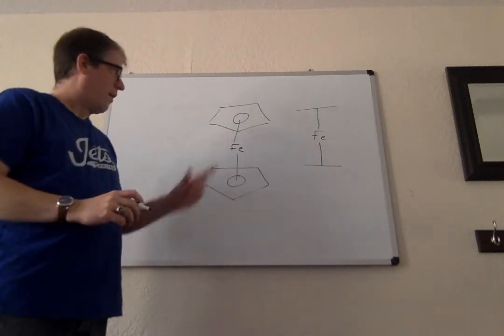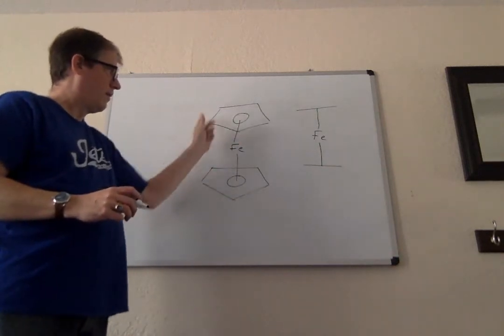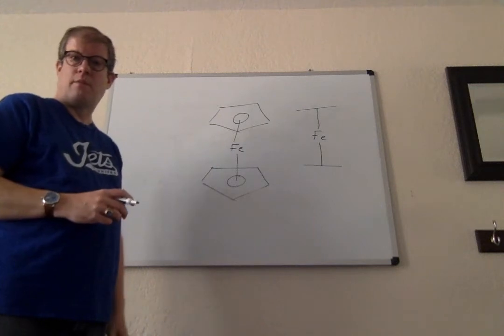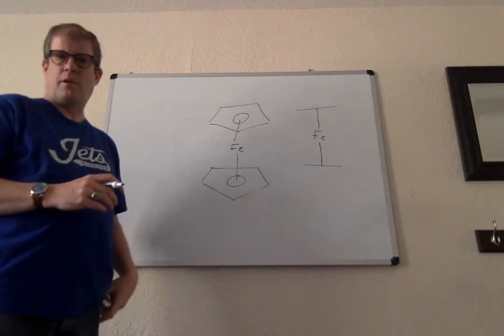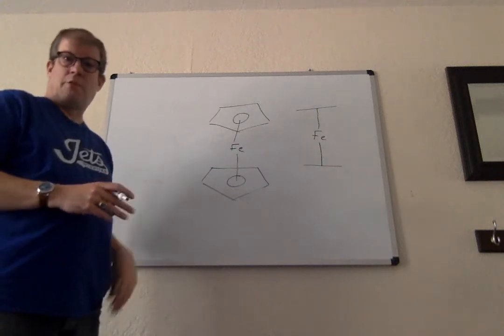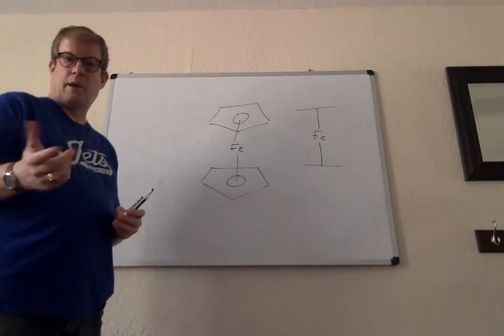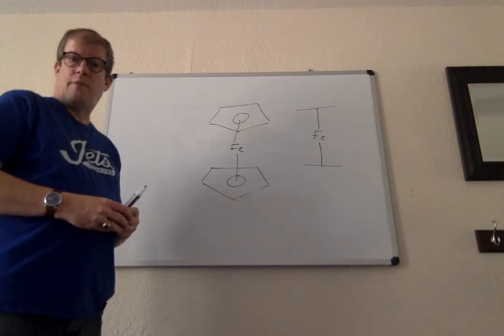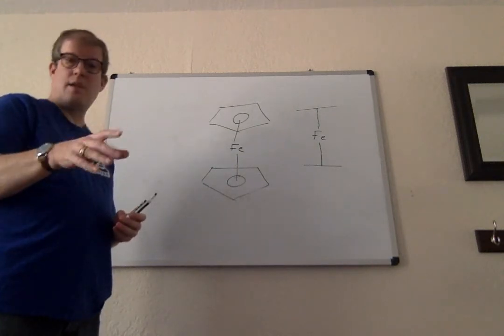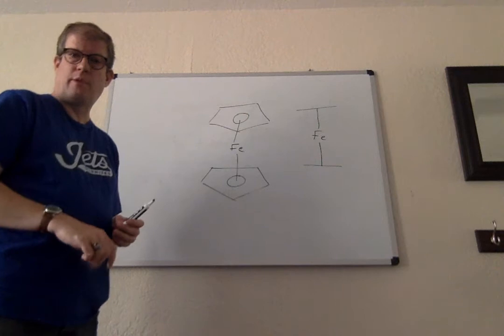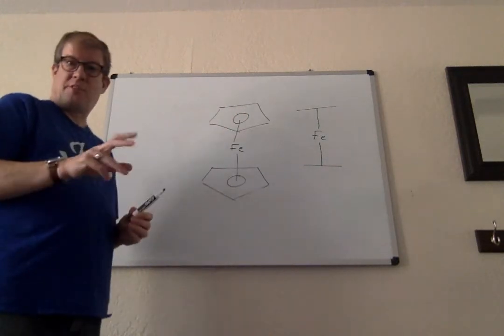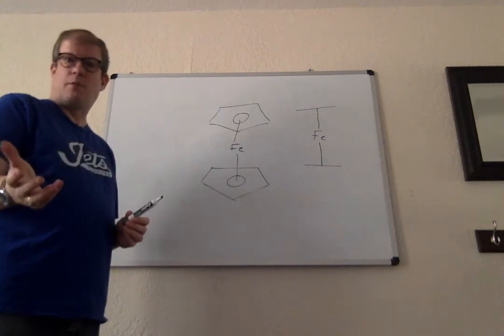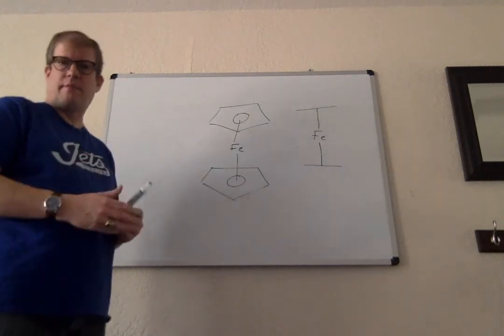Well, are all 5 of the carbons bound to the metal? Yes, but not in the way that we've been talking about before. Because remember, to form a metal ligand bond, you have to be able to attach the ligand to the metal using electrons. And to attach 5 atoms through sigma bonds, like we've been doing, would require 10 electrons. We don't have that many.